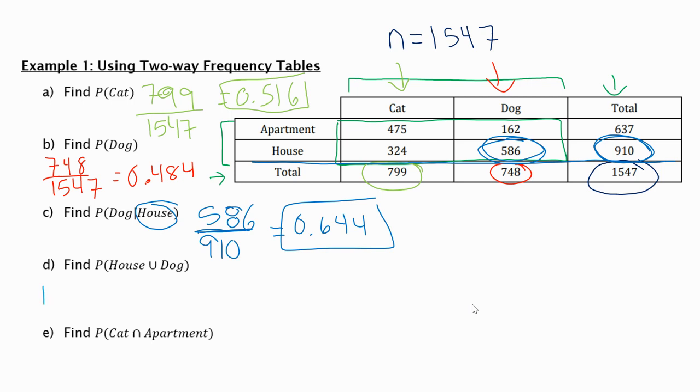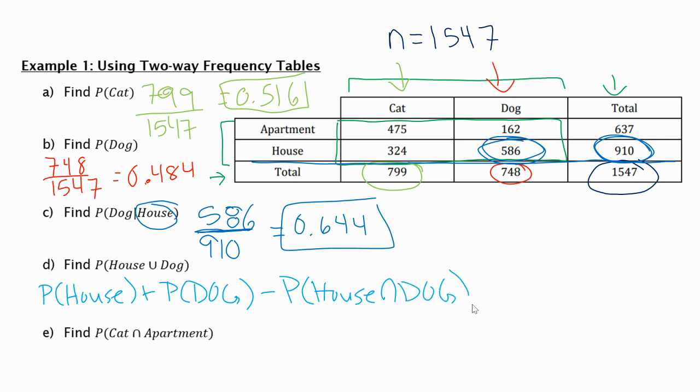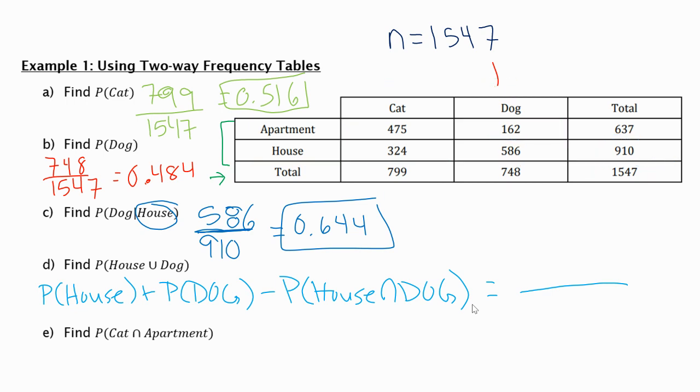So we take the probability that someone lives in a house, add the probability that they own a dog, but subtract off the intersection, because we don't want to count two groups of people twice. On our table, we're still taking it out of the total of 1,547.